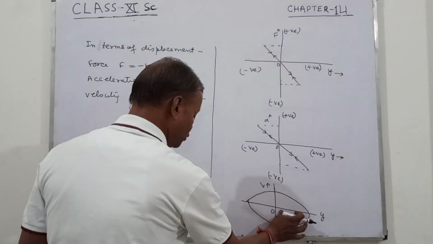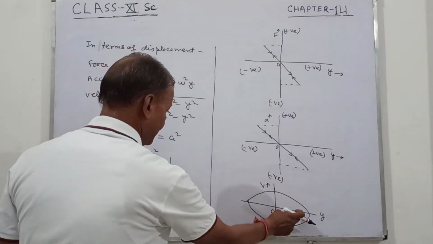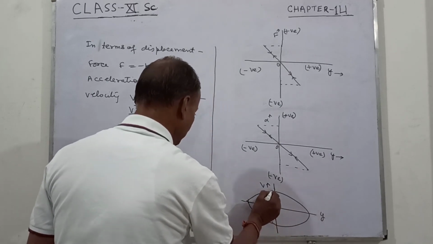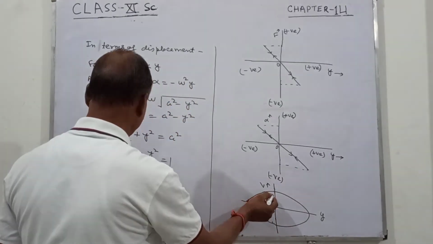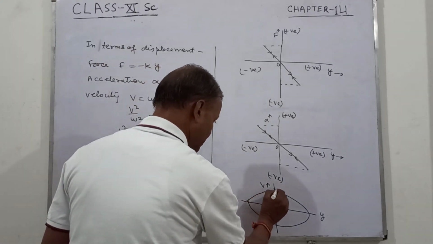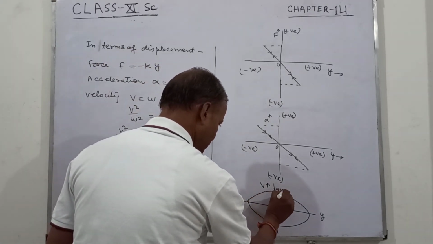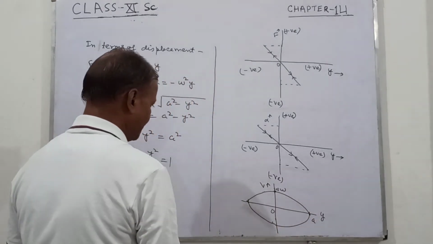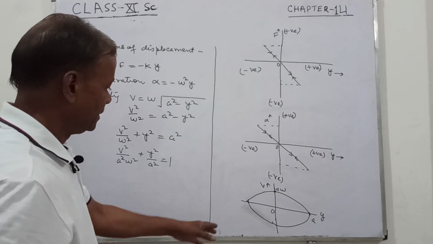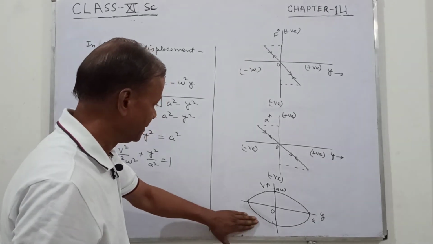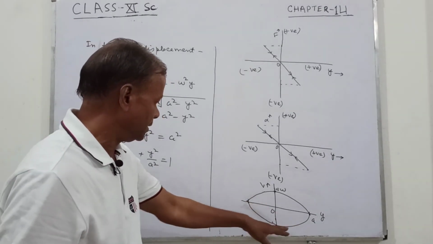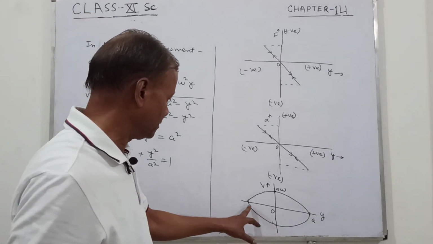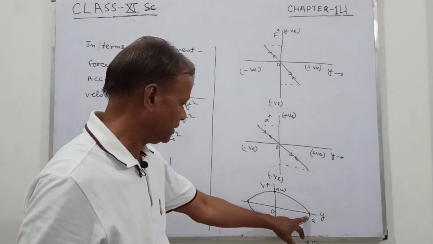So this is now y equal to A. This value will correspond to v equal to A omega, where y equal to 0. This value will correspond to A omega, and this will correspond to A. So you can see that the maximum velocity is again this A omega, and the minimum velocity is this one, when this is now 0 at this point.